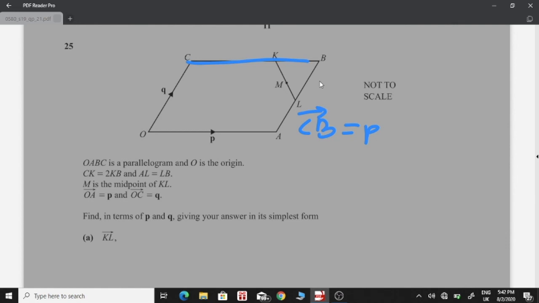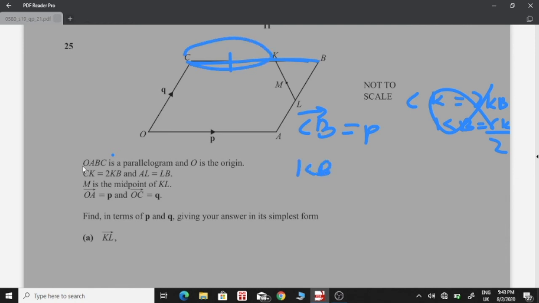Okay, and as you can see in the question, CK is equal to 2KB, which means we can have two lengths of KB in one length of CK, which means KB is 1 by 3 of CB, or we can say it this way, KB is equal to 1 by 3 of P. So we have KB as 1 by 3P, and now we need to see BL.